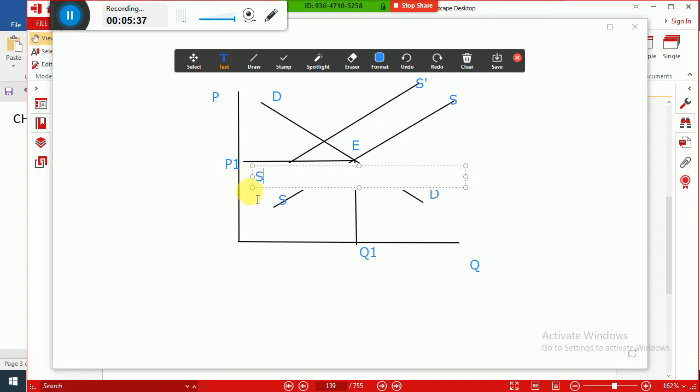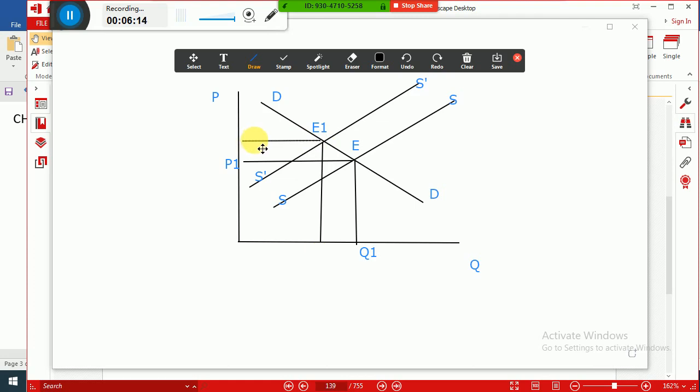It intersects the unchanged demand curve at this point E1, where the new quantity will be equal to this and the new price will be equal to this.